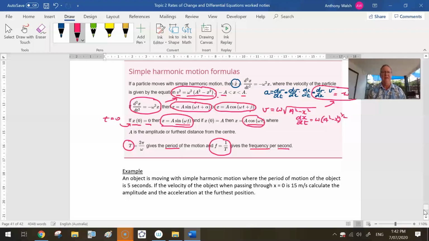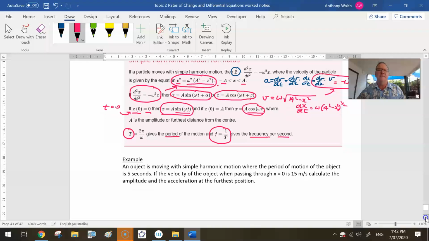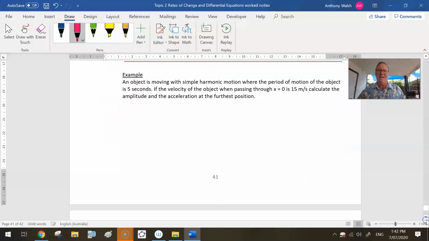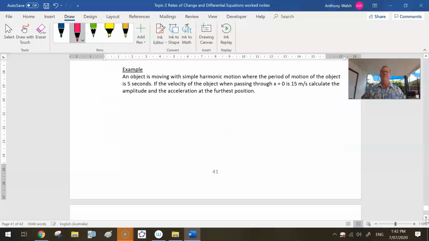Now, all of those formulas there are on the formula sheet, and they can be all referred to. So, having that handy, the formula sheet, we can go on and do these examples. Starting with this one. An object is moving with a simple harmonic motion, where the period of motion of the object is 5 seconds.